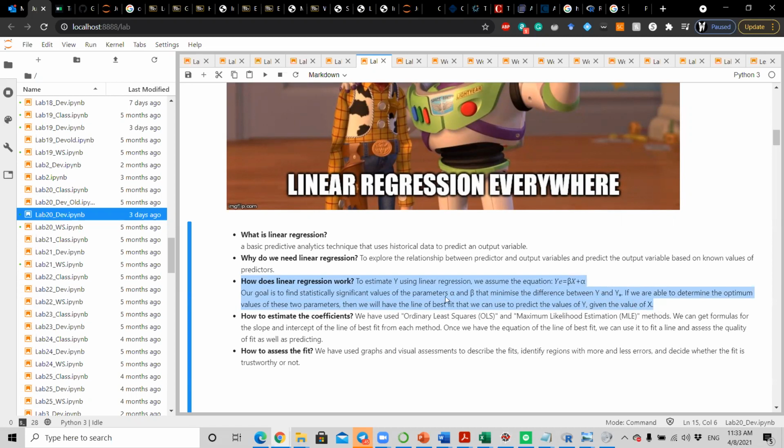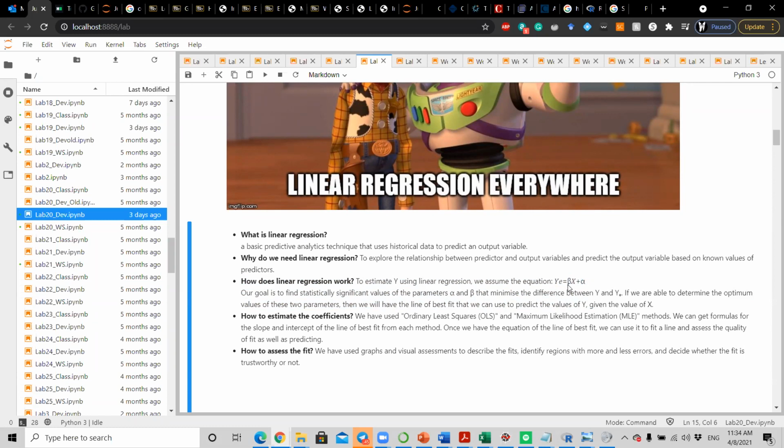The format of the model is a line because it's linear regression, correct? Yes, sir. So the format is going to be our estimated y equals beta multiplied by x plus alpha. What is beta? What do we call that? Slope. Slope, mx, and then plus intercept for alpha, correct? Yes.